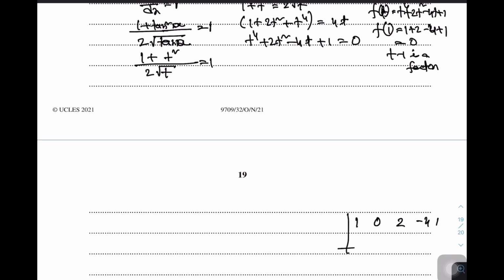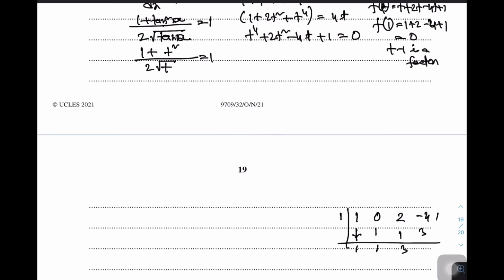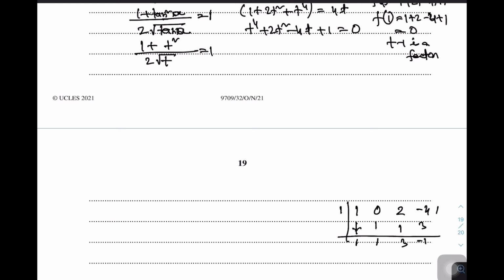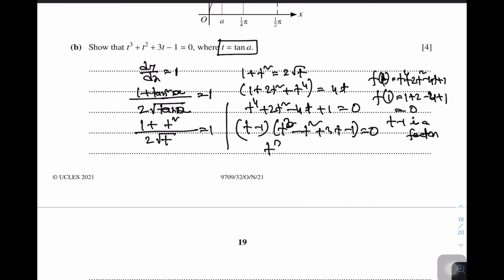Since I substituted 1, ones are 1, 1 ones are 1, 3 ones are 3, minus 3 and minus 4, that is minus 1, 1 minus 1, that is 0. So we can write this one as t minus 1, then t cube minus t square plus 3t minus 1 equals to 0.